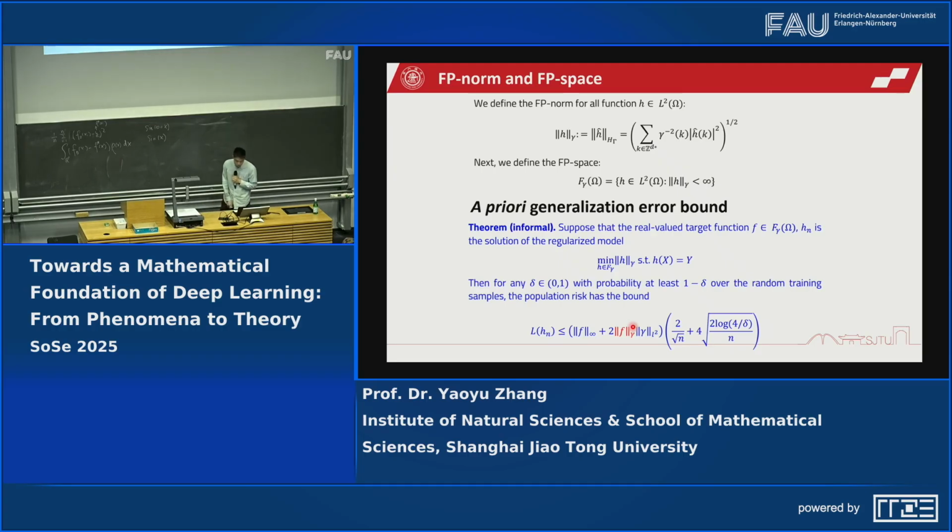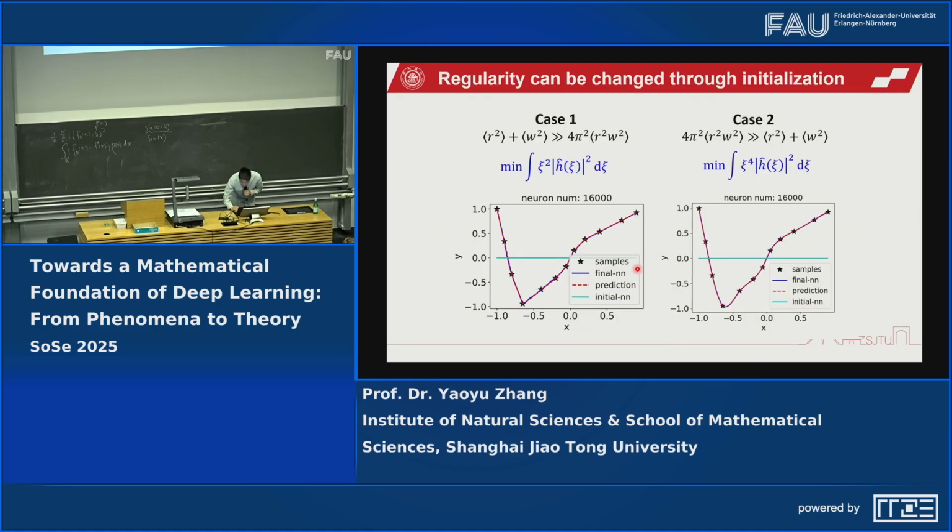And in the FP norm, what we need to do is to do the Fourier transform and see the frequency. Depending on the different frequency, it has different penalties. So if we consider the FP norm, that looks like there's a Casey square.